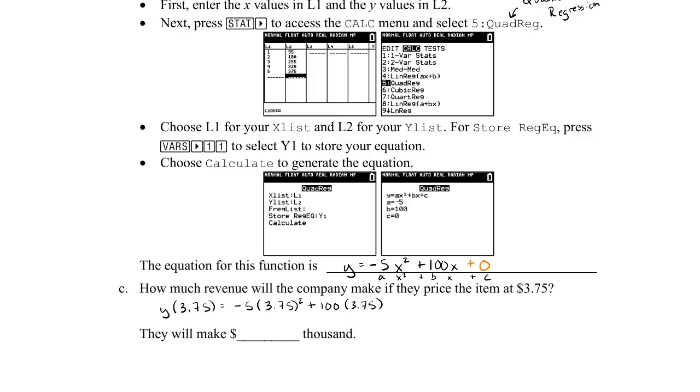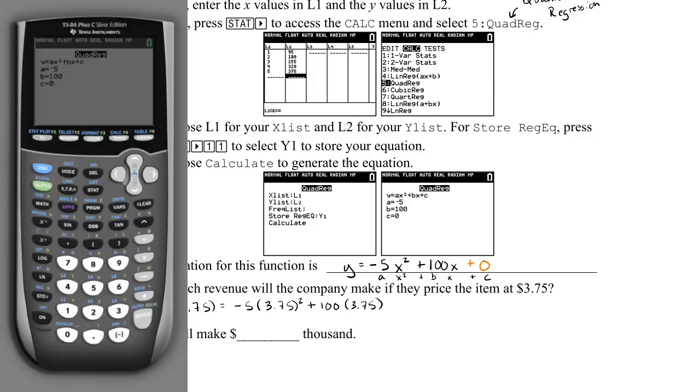And I'm not going to bother with plus 0. On the calculator, I'll say negative 5 times 375 squared plus 100 times 375. And I get this decimal. We'll think about that a little bit more in a second.